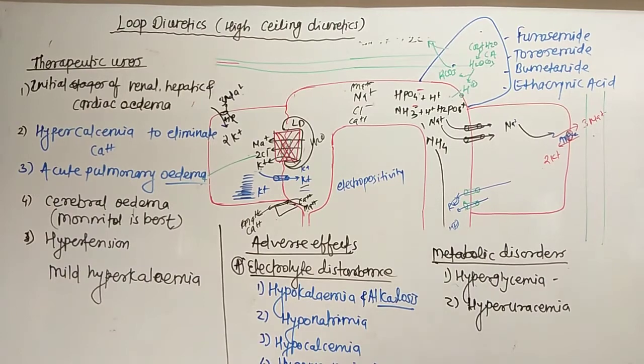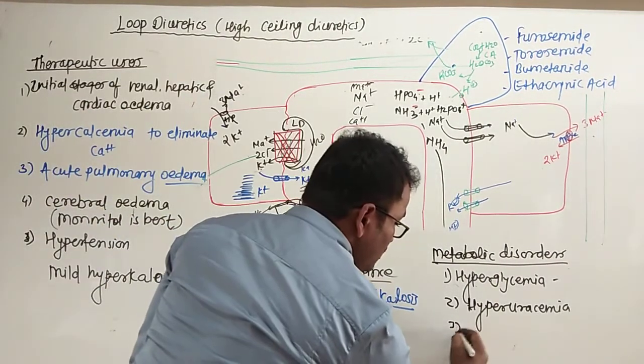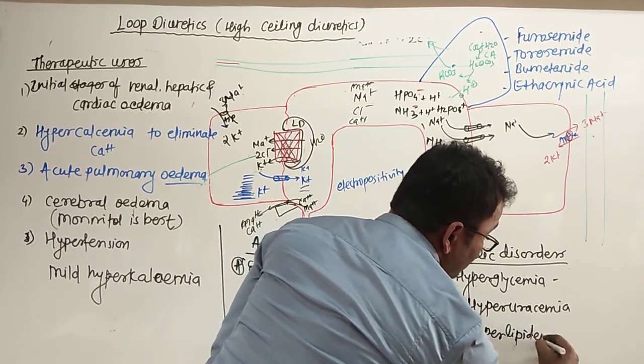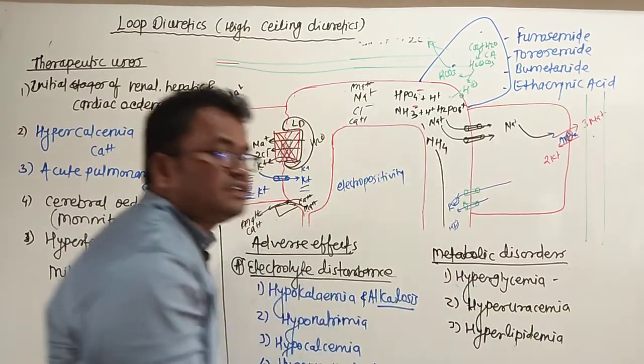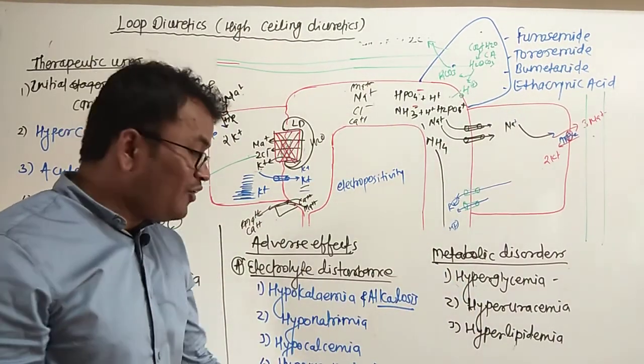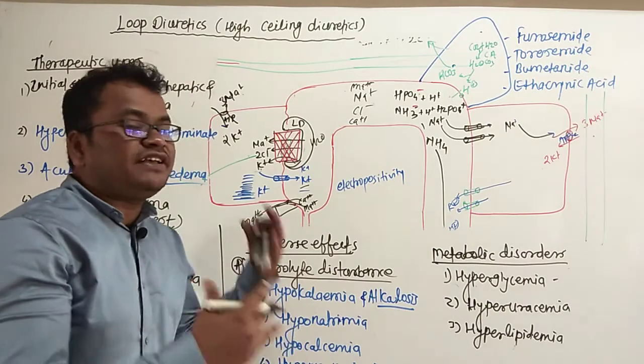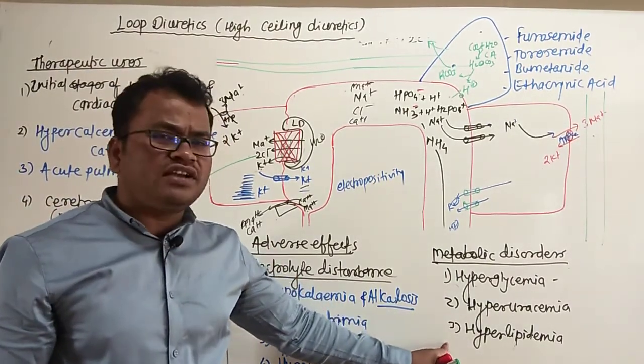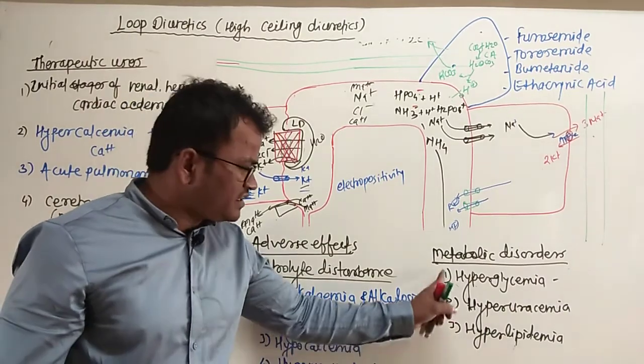Next one is hyperlipidemia, that is increased lipid concentration, and blood pressure will also increase. How? This is a very complex phenomenon and a very rare disorder. If you take this drug for 2, 3 or 5 days, these conditions do not occur.